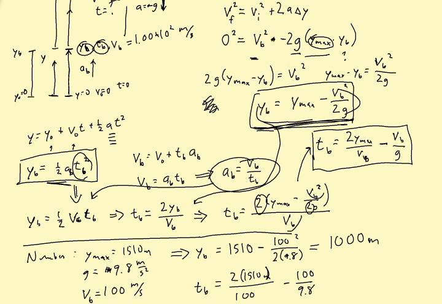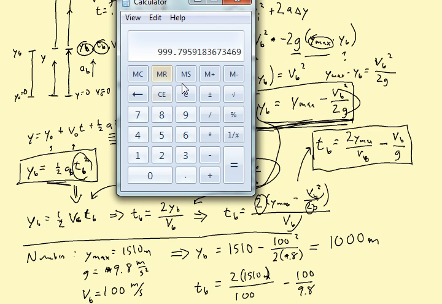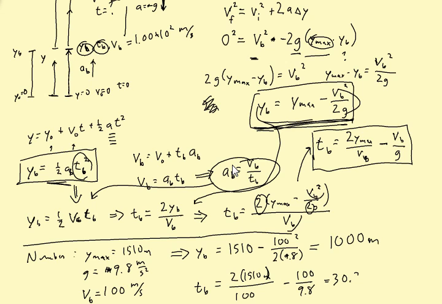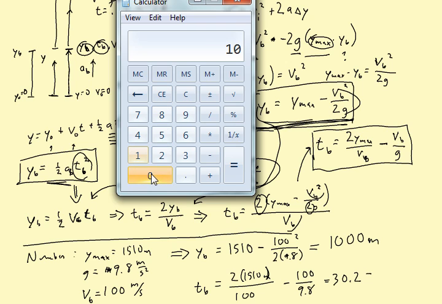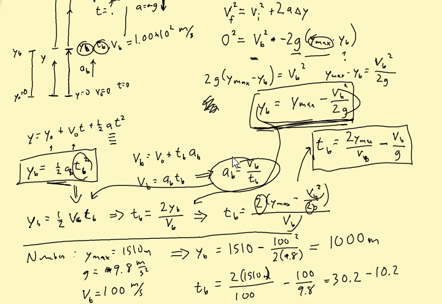So let's see if we can make our calculator do this correctly. 2 times 1,510 divided by 100 equals 30.2. So this equals 30.2 minus, and then we take 100 divided by 9.8, which is 10.2, and that equals 10.0 seconds.